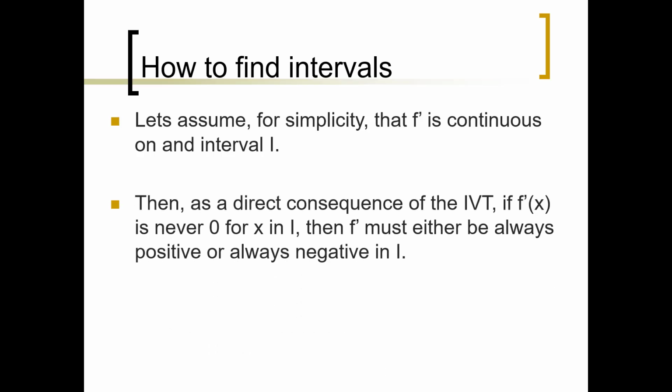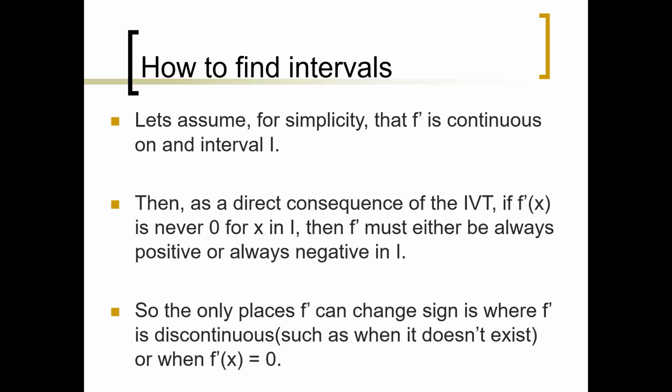Then, as a direct consequence of the intermediate value theorem, if the derivative is never 0 in the interval, then the derivative must be either always positive or always negative in that interval. So the only places where the derivative can change sign is where the derivative is discontinuous, such as where it doesn't exist, or when the derivative is 0.